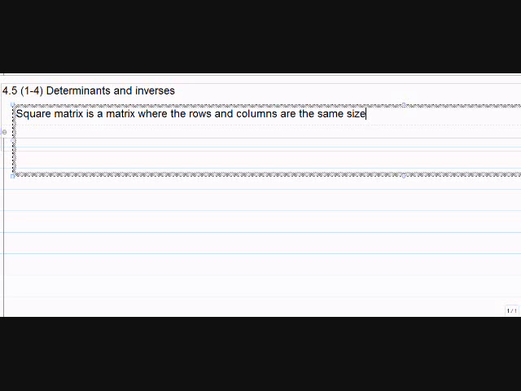Okay, so we'll need square matrices to do these determinants and inverses.